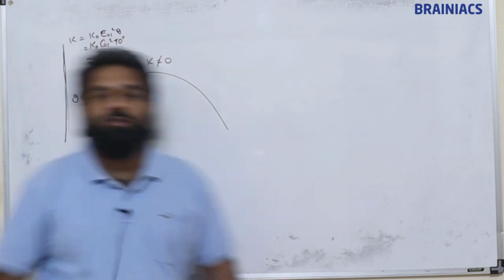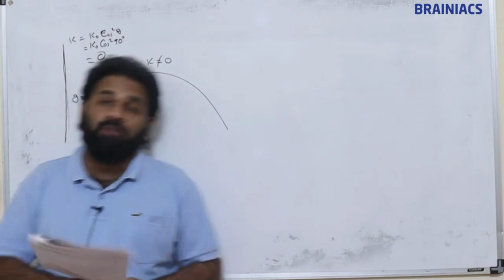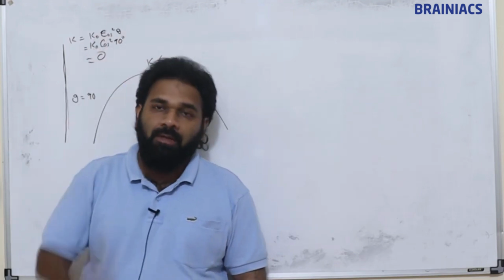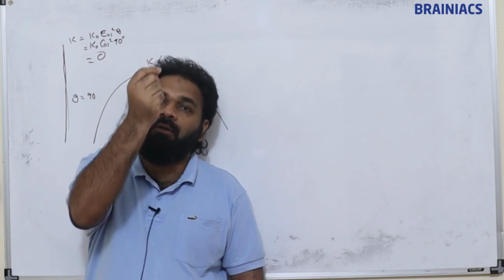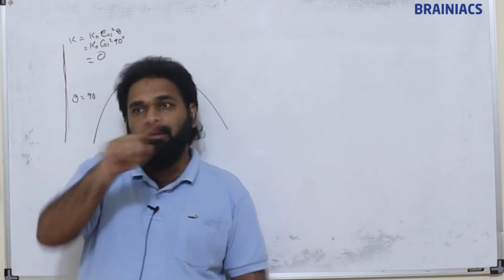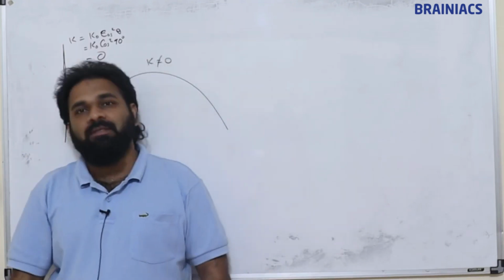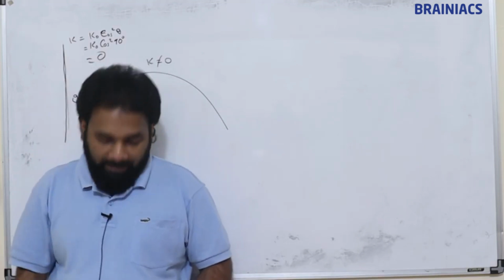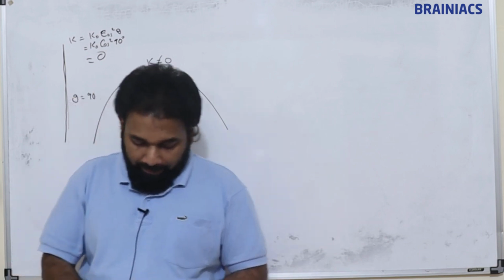So the kinetic energy of the ball which is projected directly upwards will be 0, because it will have a dead stop at the topmost point. It will not have any horizontal motion. But if projected at an angle, then definitely it will have at least the horizontal component of velocity. That is the reason the ball projected exactly upward will have 0 kinetic energy. Clear? Done.